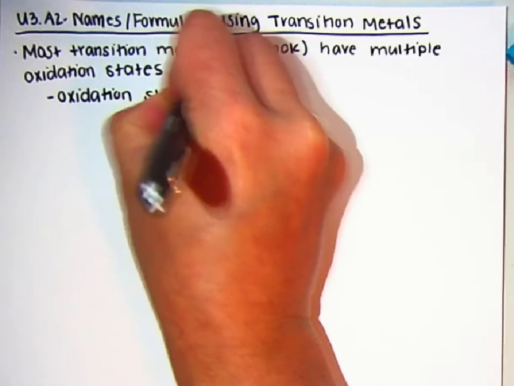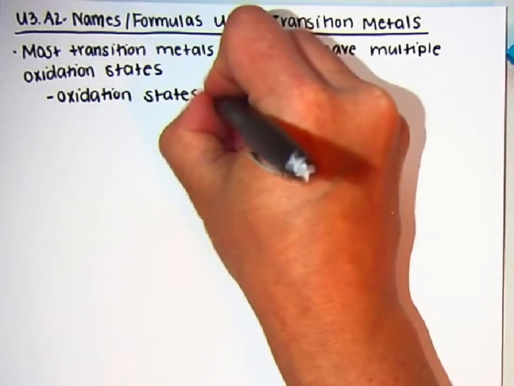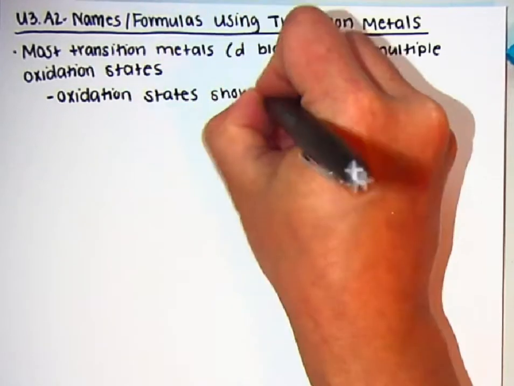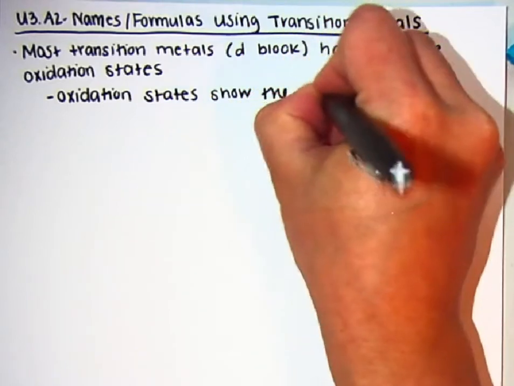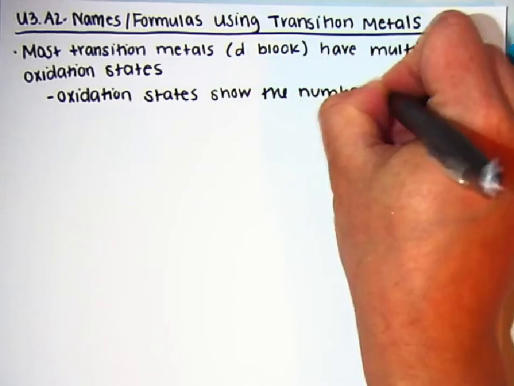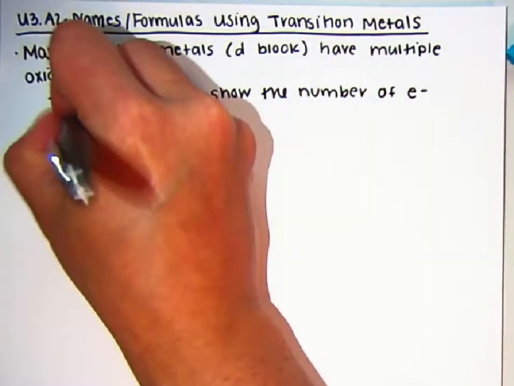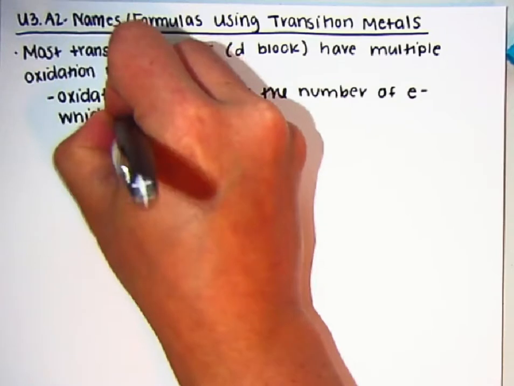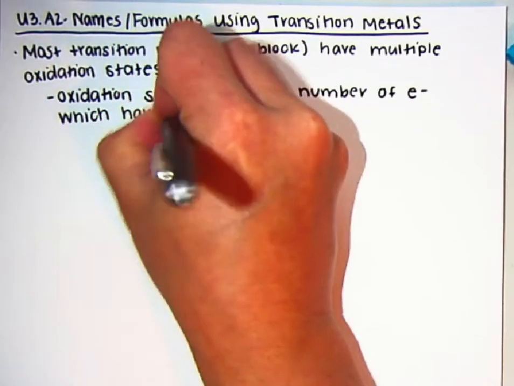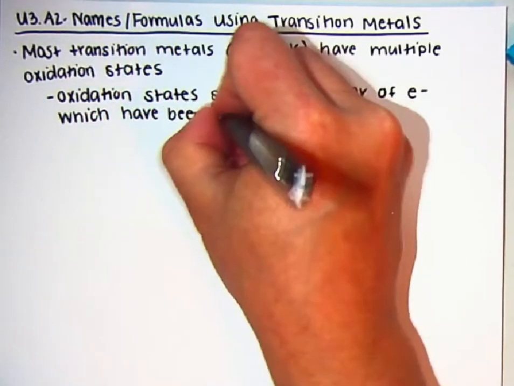So the oxidation states show the number of electrons which have been removed from an element.